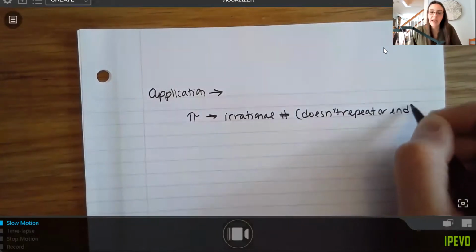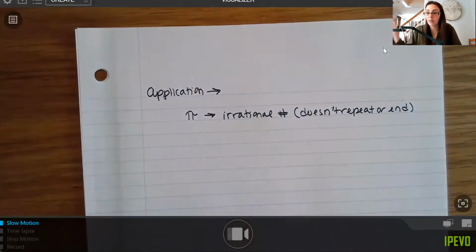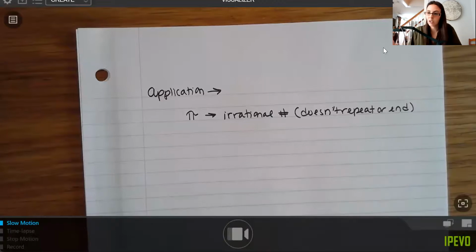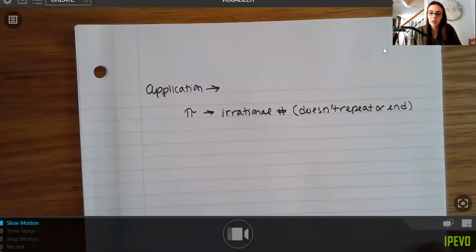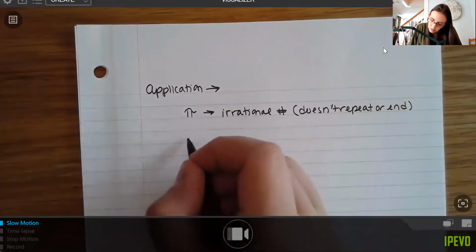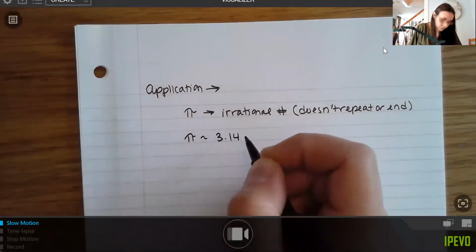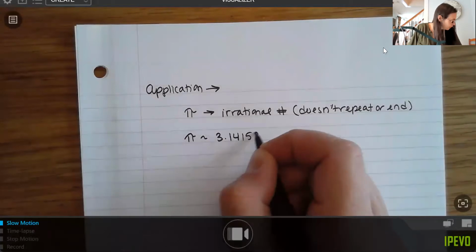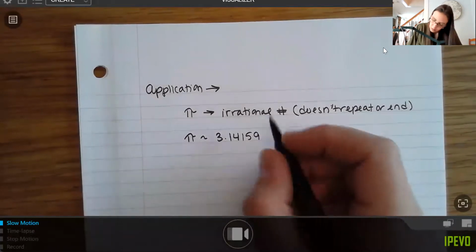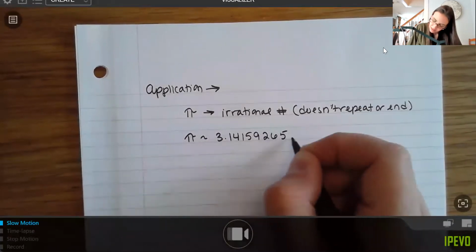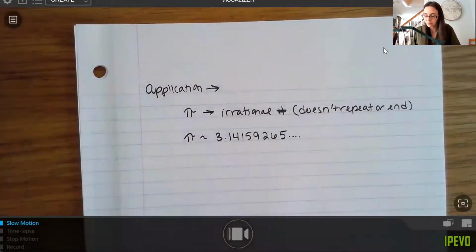So it's just a number that has a decimal that continues on forever and ever and ever. And there's no repeating pattern. Like there's no pattern to it where you can predict the next value. It's just always changing. So it does continue on. And it is about 3.14159265. And again, this keeps going on forever.